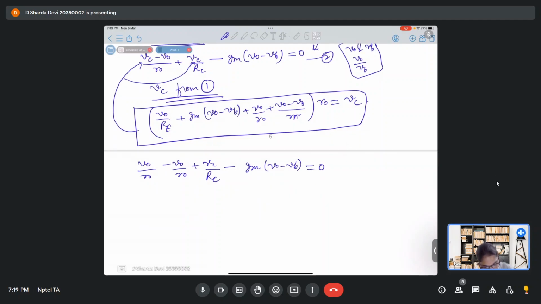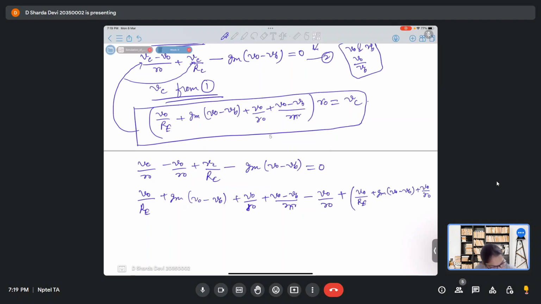So the moment it is Vc by R naught, it will be V naught by Re plus Gm V naught minus Vb plus V naught by R naught plus V naught minus Vb by R pi minus V naught by R naught plus V naught by Re Gm V naught minus Vb V naught by R naught plus V naught minus Vb upon R pi bracket R naught by Rc minus Gm V naught minus Vb is 0.